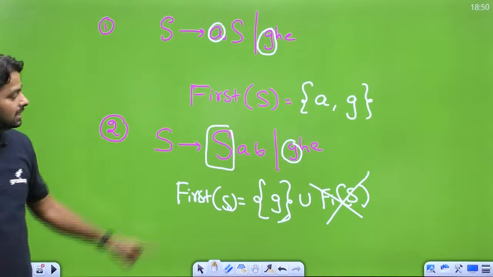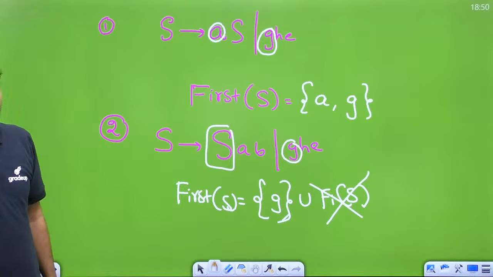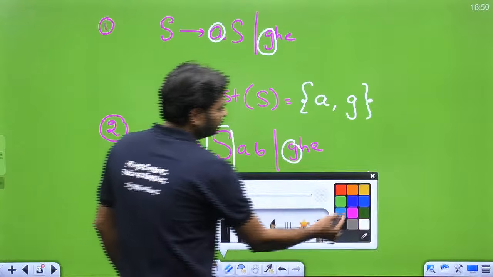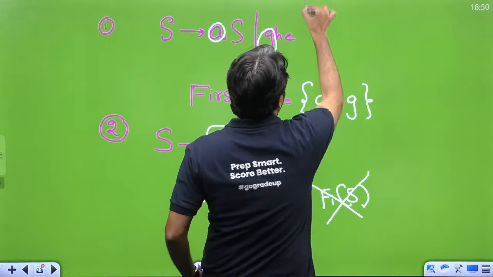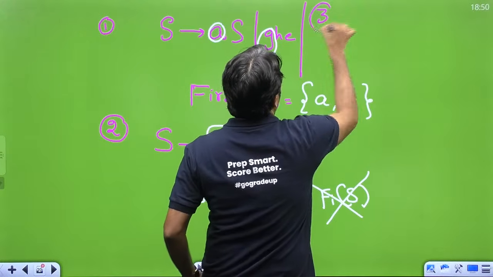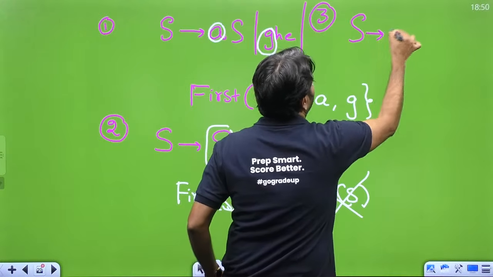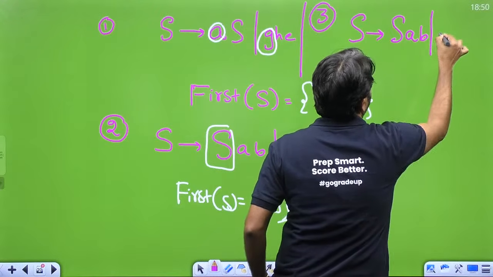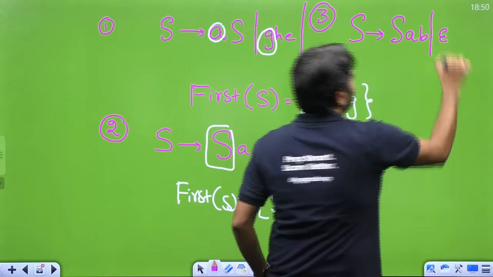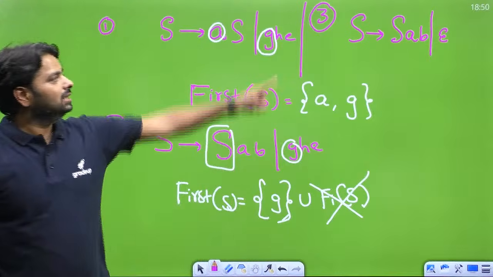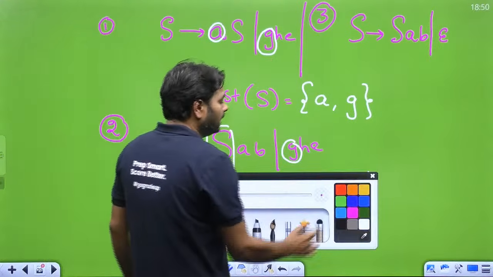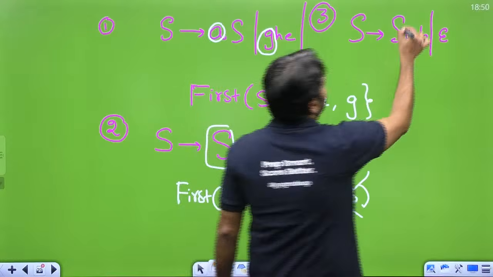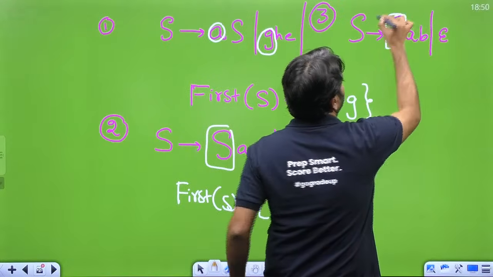Yes, this is the second point I am talking about. Now the third point, where we face difficulty many times because of the concept. Now look, S can derive epsilon, and this is how you need to practice and be careful when you answer such questions.